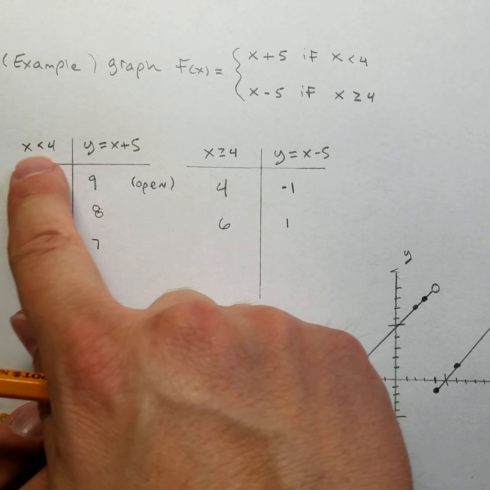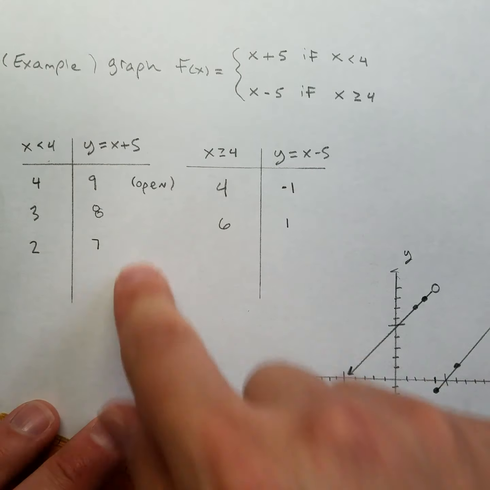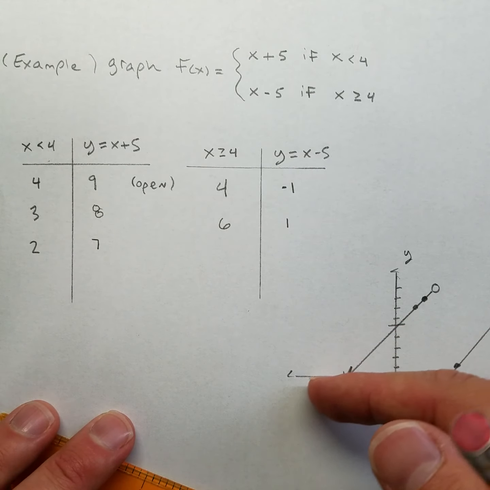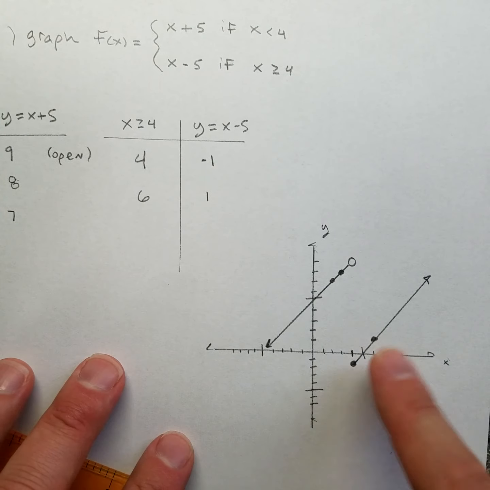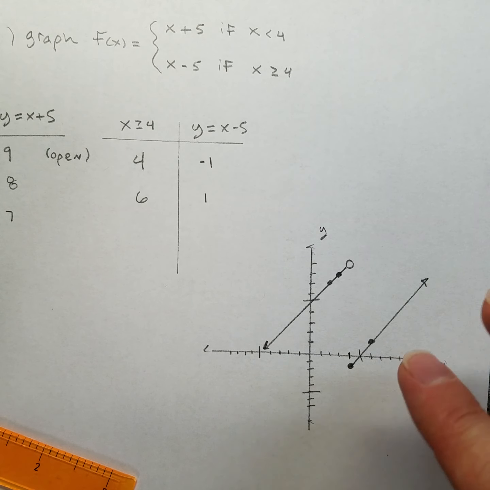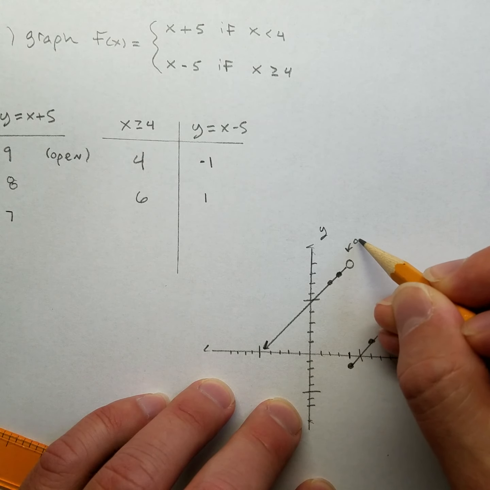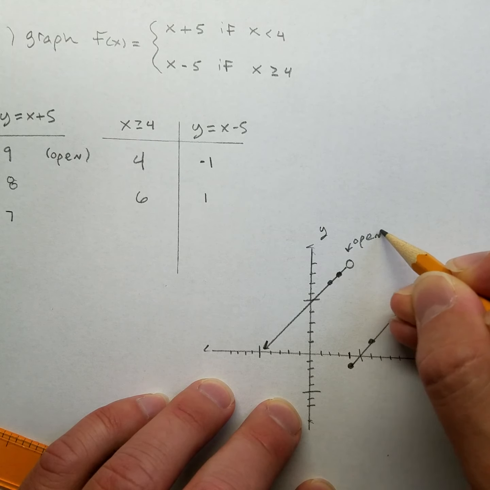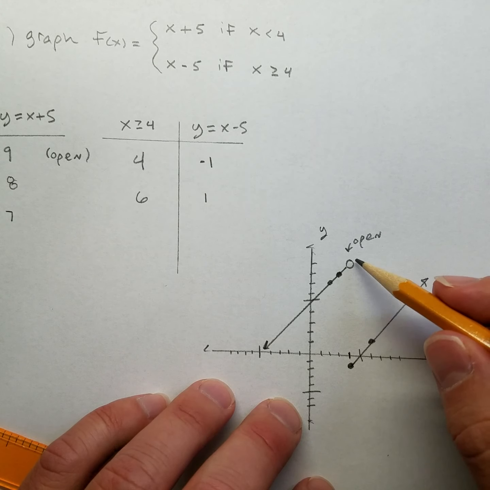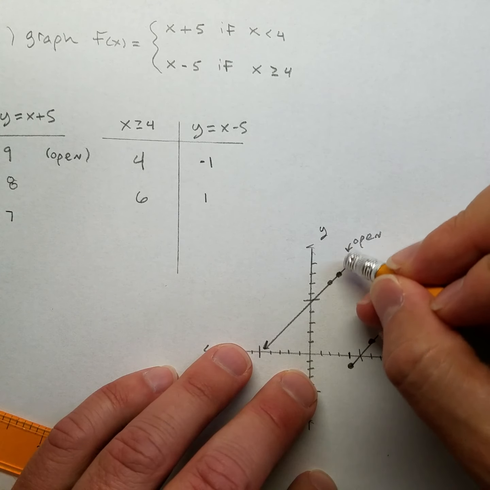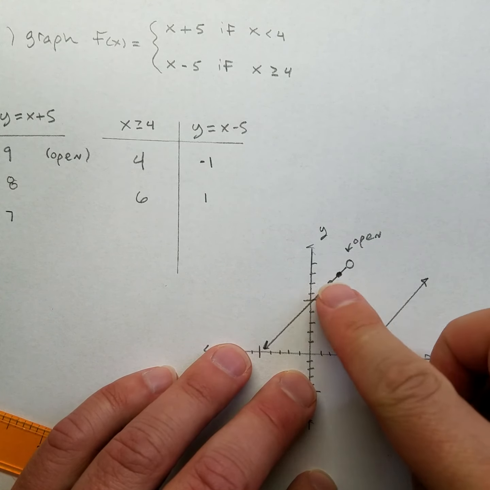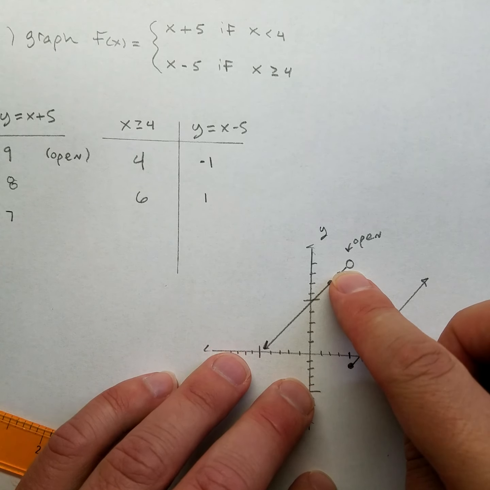Because any x less than 4 can be put in this equation. You're just going to get more points over here forever and ever. So that's what our graph would look like. Two disconnected pieces. This point is open. It's technically not on there. And you might say, well, if it's not on there, why are you drawing it? Well, because if I erase it, it won't be clear where this line actually is supposed to stop.